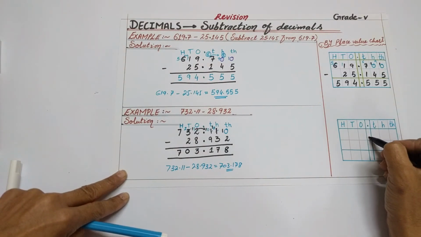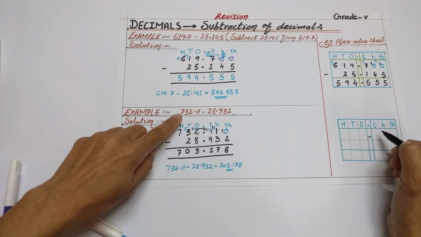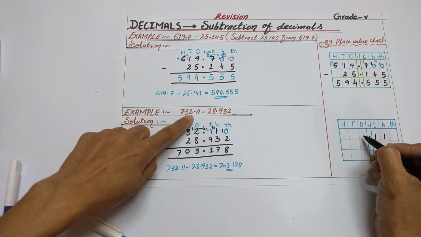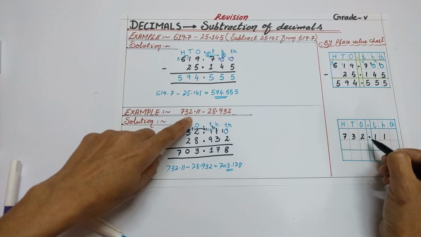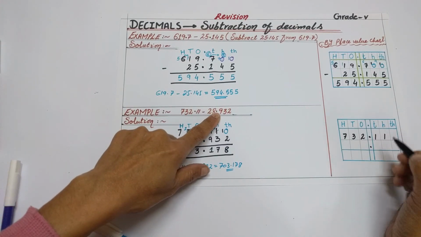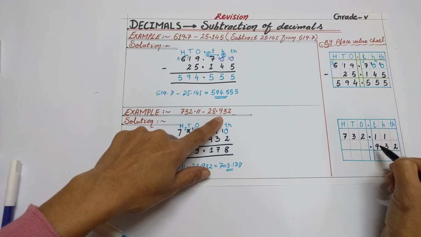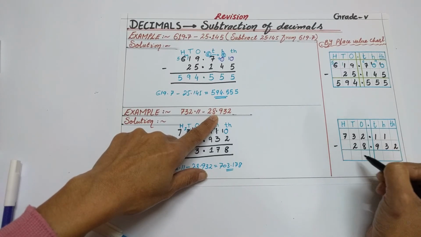In the place value chart, firstly you will put the decimal, then come to the first number, that is 732.11. Firstly you will start from the right side, then come to the left side: 2, 3, 7. Second number, firstly put the decimal. Right side is 9, 3, 2, and the left side is 8 and 2, then the minus sign.